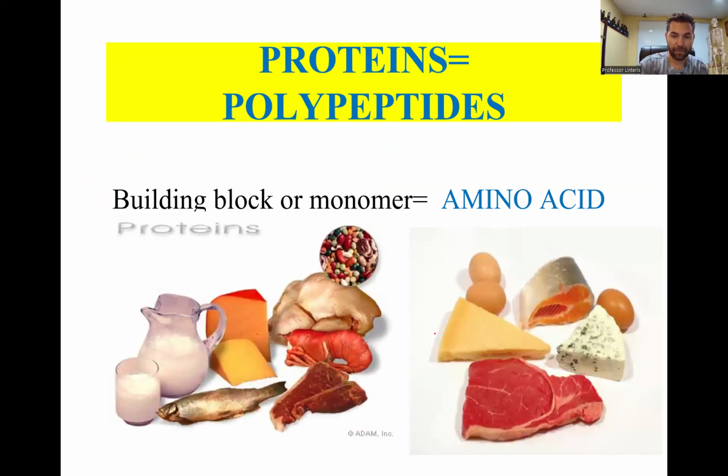Clearly here, our proteins are our meats, dairy, eggs, legumes, which we see right here, fish, you name it. Proteins are made of amino acids. They're extremely important to the diet. We have to consume a certain amount of protein so we can build and repair tissues so we don't develop serious diseases.